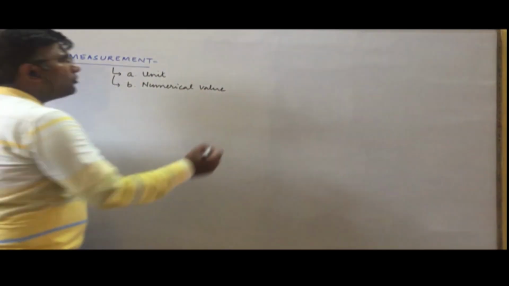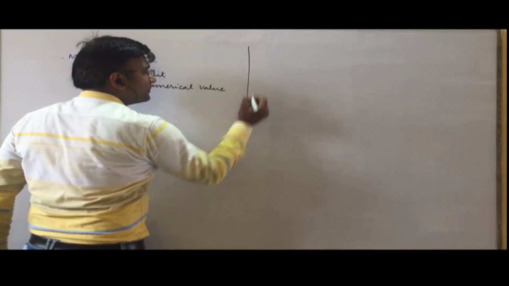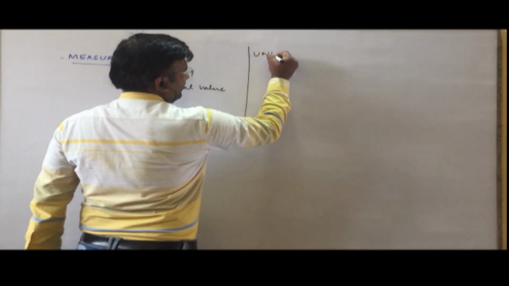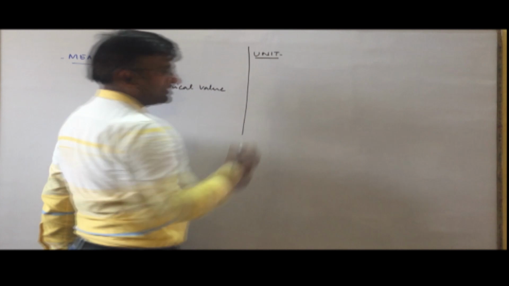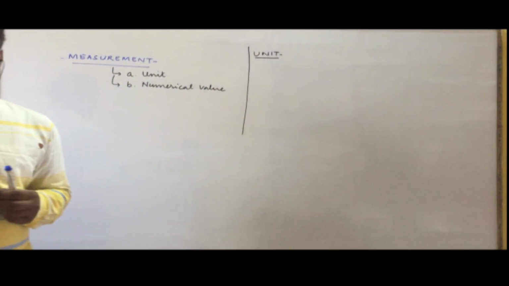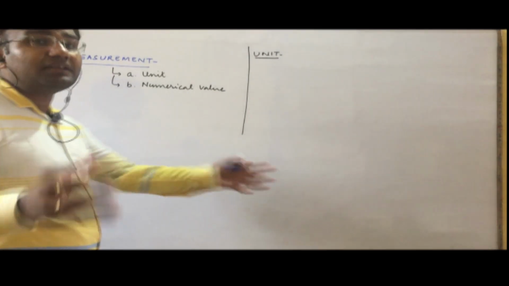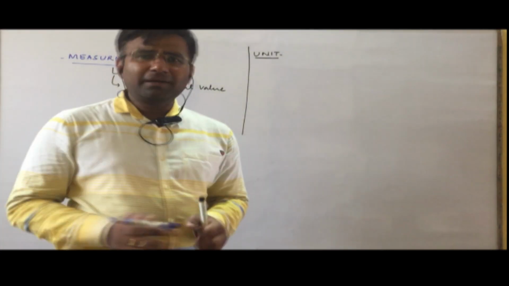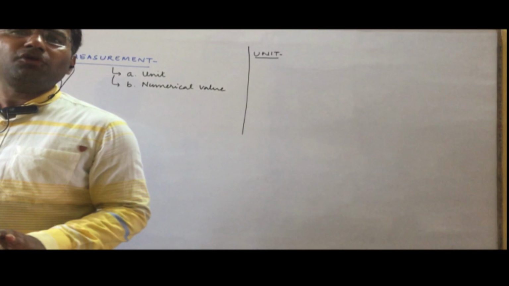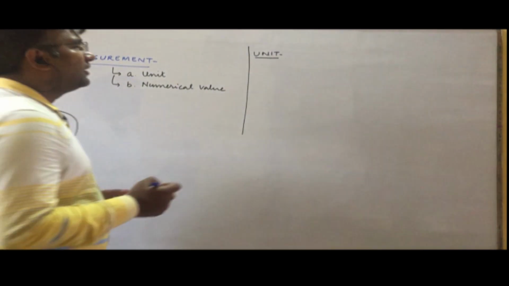Alright? So what is a unit? This is going to be interesting. You must have heard kilogram as a unit of mass. You must have heard meter as the unit of length. But are only these two possible or are there others possible?